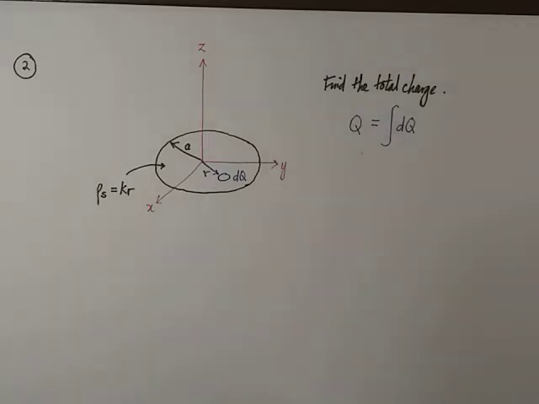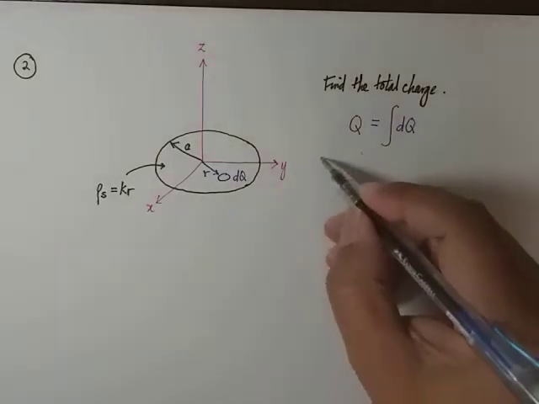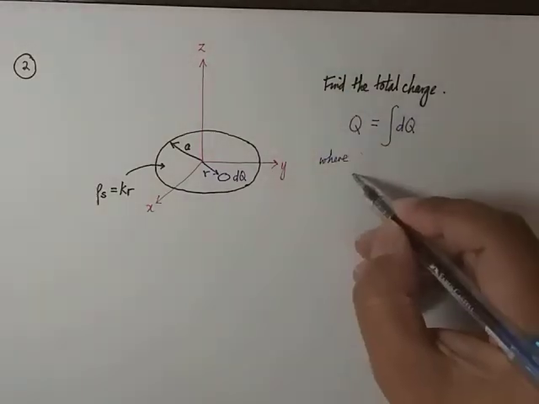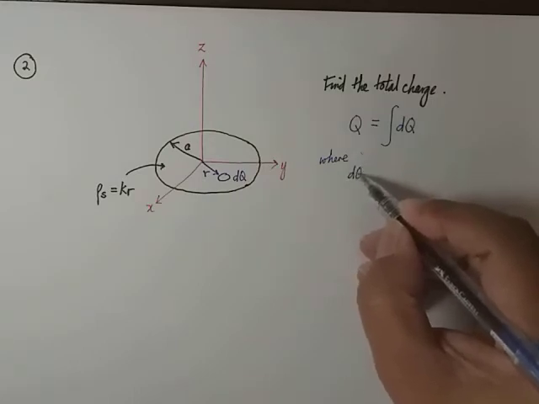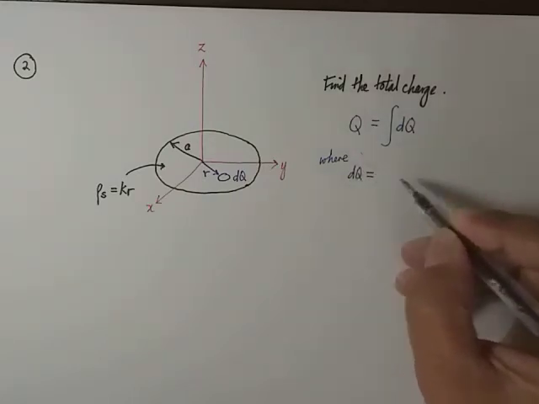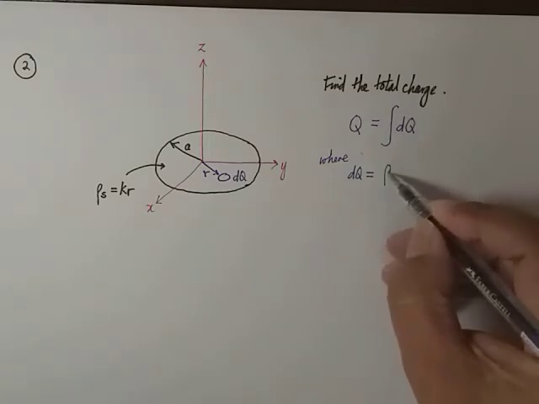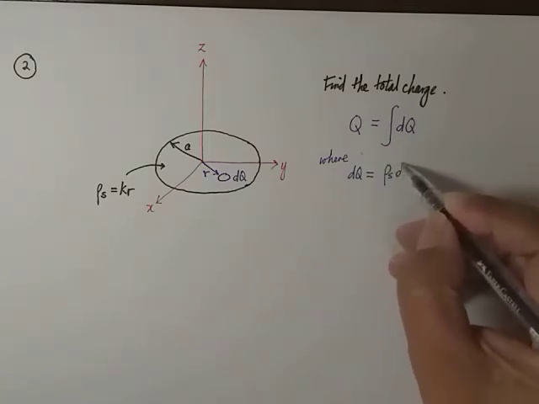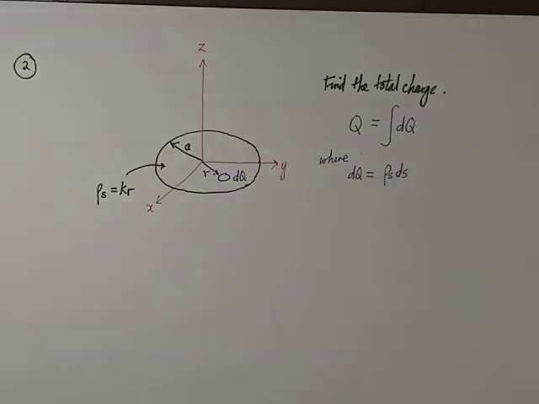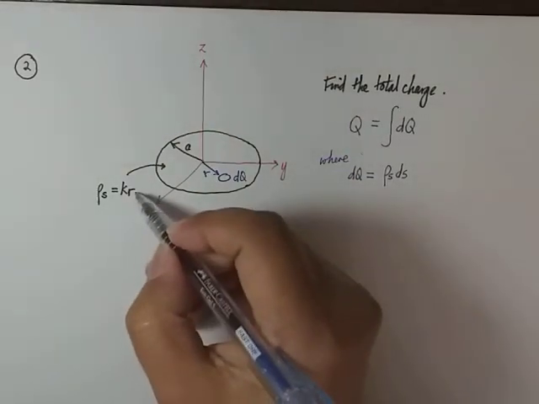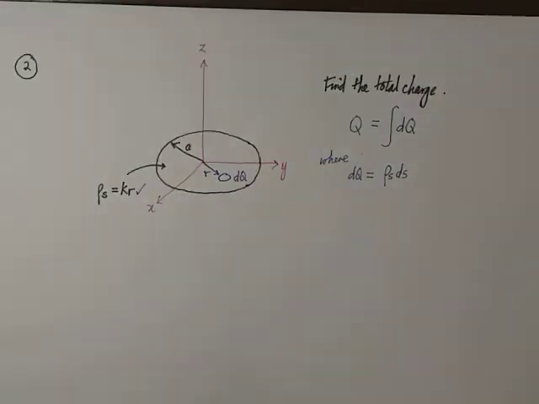From our discussion before, the dQ here must be equal to, based on the surface charge model, rho s dS. Okay, so then we have to substitute. Rho s, no problem, because we know the parameter given already equals kr.